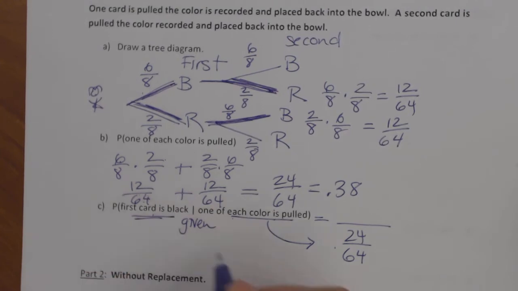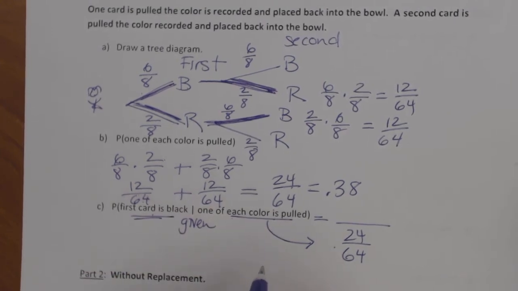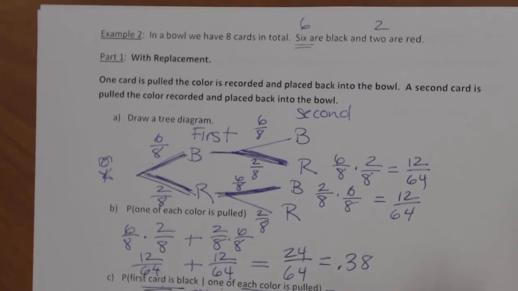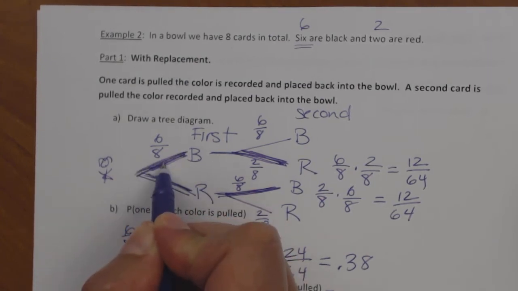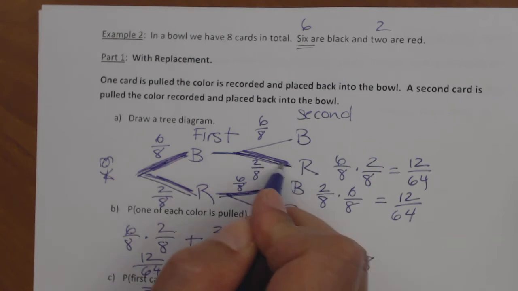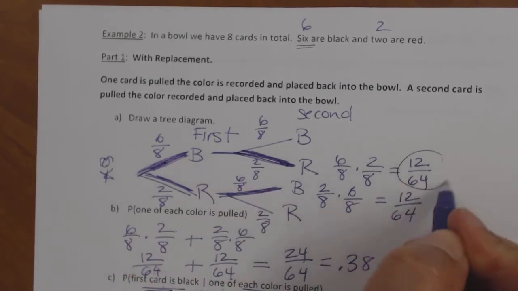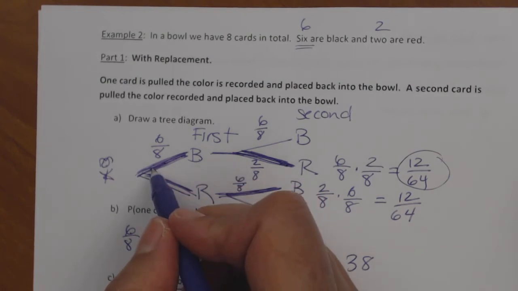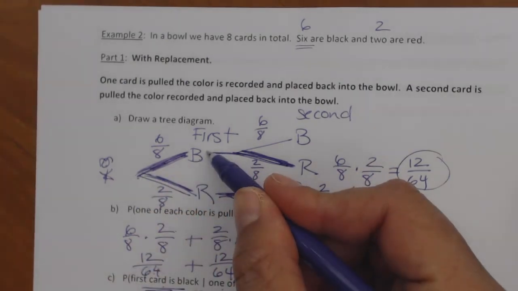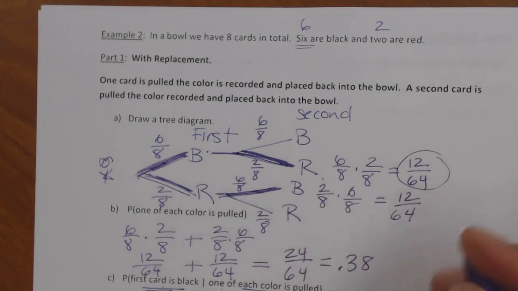Now the numerator is going to have to be first card is black. All right, so first card is black, given one of each color is pulled. So let's go up here. So the first card is black. So here we are. This pathway, the first card has to be black, given one of each is pulled. So I'm looking at this 12 out of 64 here. So I'm going to get 12 out of 64 over 24 out of 64.